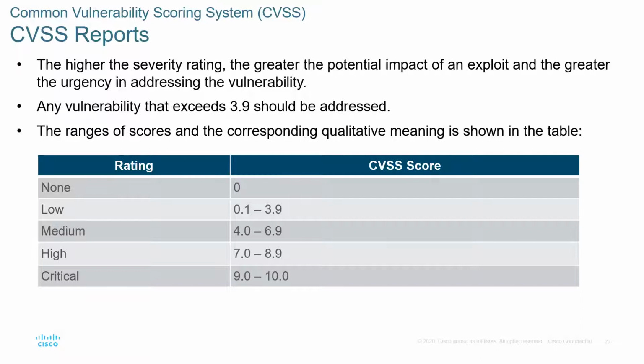Below that, it could be fairly benign. Most things are going to have some kind of security threat. Even having a user on a system is a security threat, right? It's a port for people to get into. Even if it's the most secure password, it's still a threat. And therefore, it's going to have a lower CVSS score.